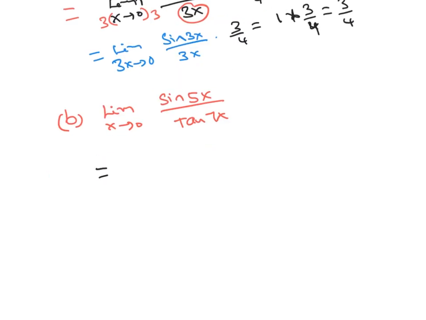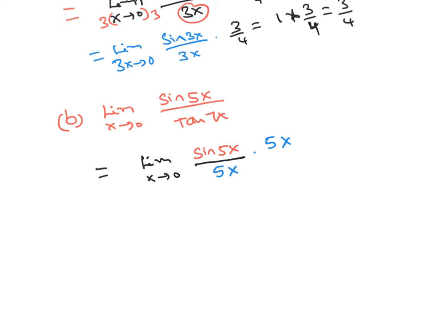So here I have sine and tangent both. I'm going to write whatever I have there, sine of 5x, and I need something on the bottom here. What do I need? Good job, I need 5x. I'm going to write 5x. Whenever I multiply a new term in blue, I need to divide by the same term.